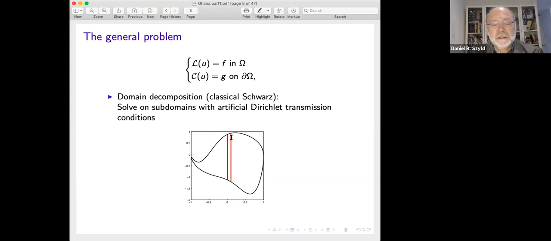Then I'm going to invent artificial boundaries, and I invent some Dirichlet-like condition, and then I solve on the left, and that gives me values on the blue, and solve on the right, and then I iterate, and in the limit, they have a unique solution on the whole thing. So Schwarz did it in 1870, about 140 years ago. So people say, well, Lions said, I can use this as an iterative method.